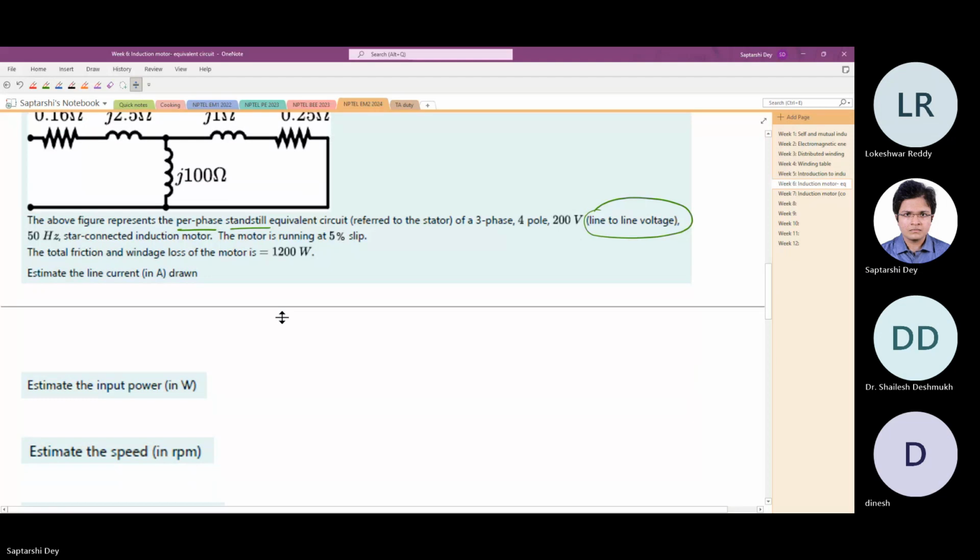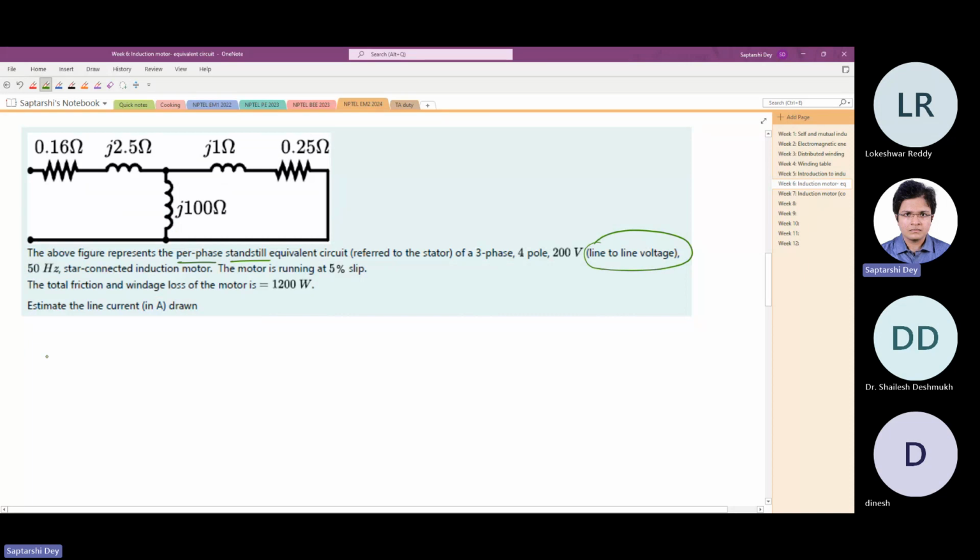So now this is the standstill equivalent circuit. If we draw the equivalent circuit when it is rotating, everything is the same, just the resistance becomes R2 by S. The rest are the same.